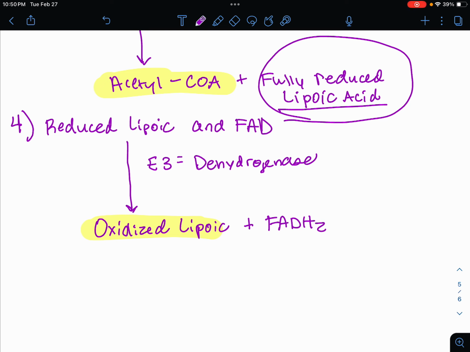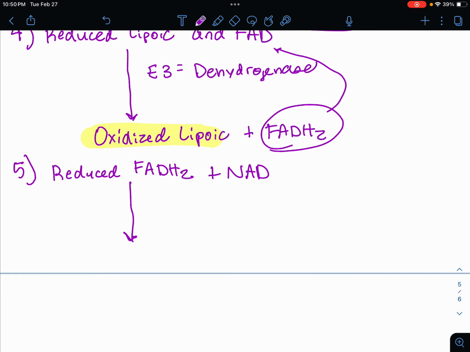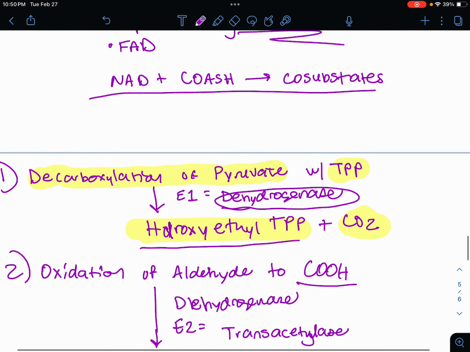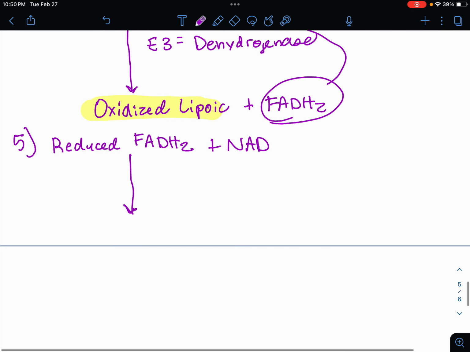Well, in step 5, we could take our reduced FADH2, and we're going to take this with NAD. That's our last coenzyme for the PDH complex. And we're going to use a dehydrogenase. We're going to use E3, enzyme 3 again, the dehydrogenase.